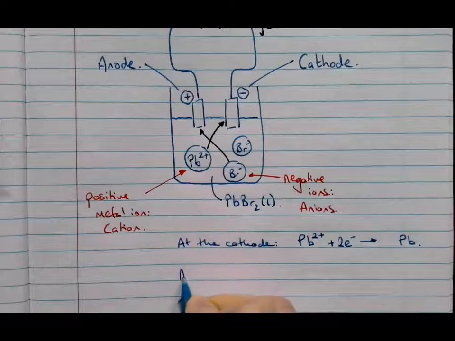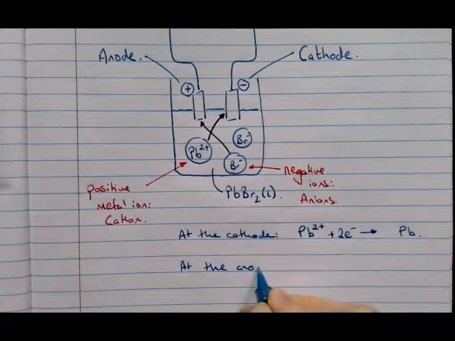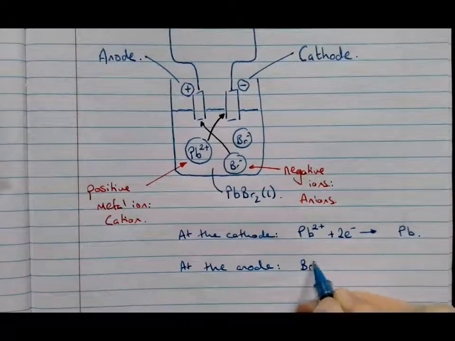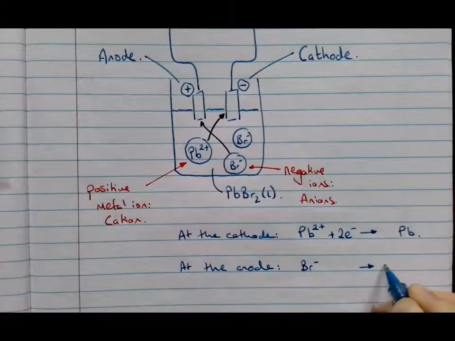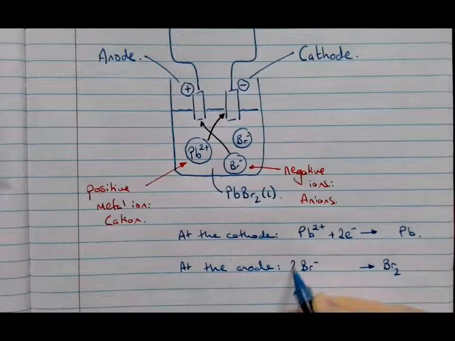And then at the anode, we have my Br-. Now Br- is going to form Br, but remember this is a group 7 element, so it's going to be Br2. So I need two of those.